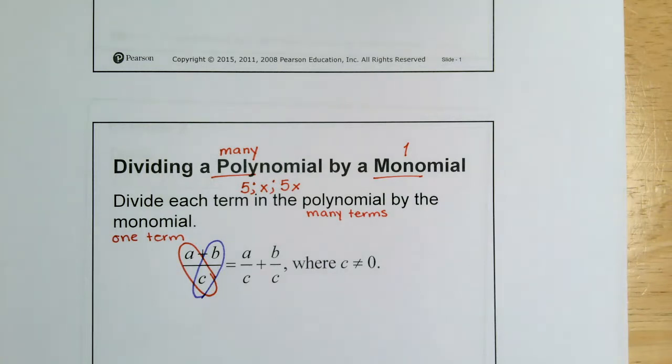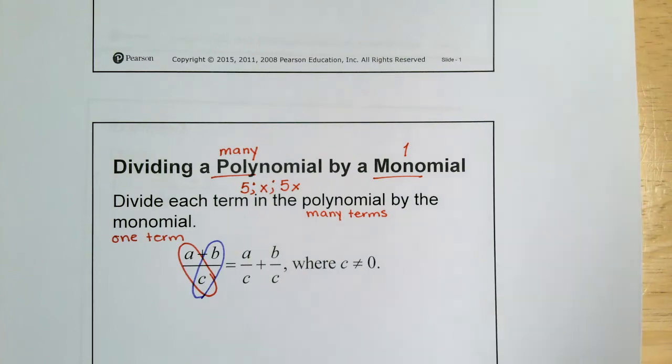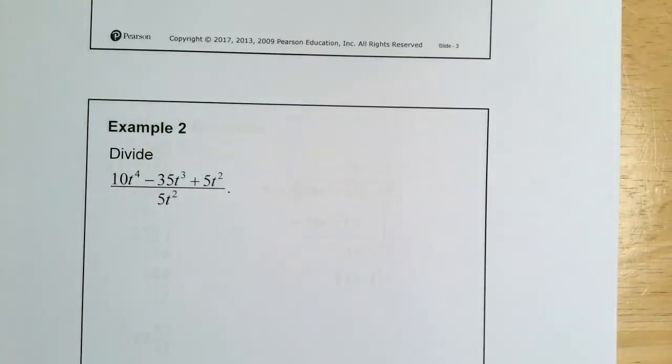They are split into individual fractions, and then it might be easier to simplify them after we have split them into individual fractions. Another way to say it is a plus b over c becomes a over c plus b over c. All right, let's practice.